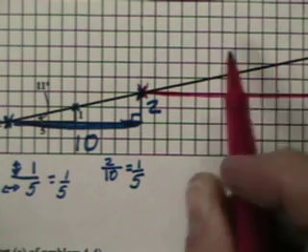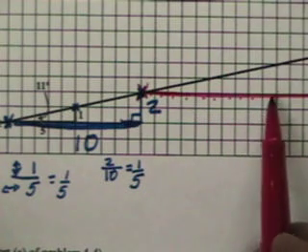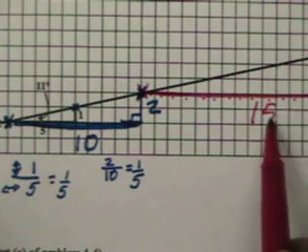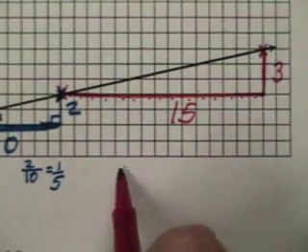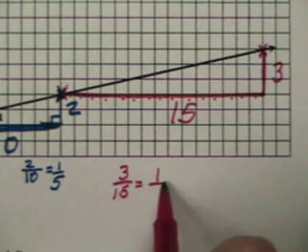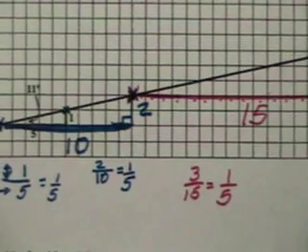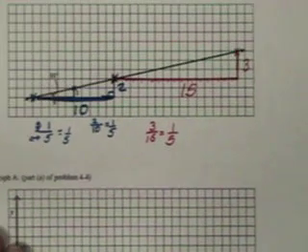It is 3 tall, and it is 1, 2, 3, 4, 5, 6, 7, 8, 9, 10, 11, 12, 13, 14, 15 wide. I'm going to draw its slope ratio down here, 3 over 15, which will also reduce to 1/5.